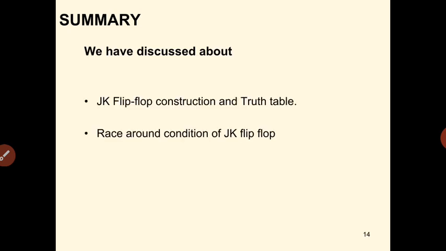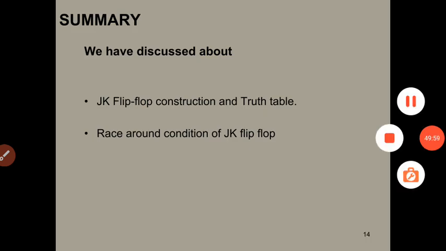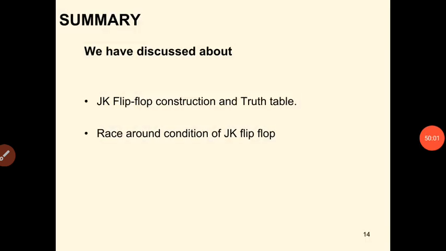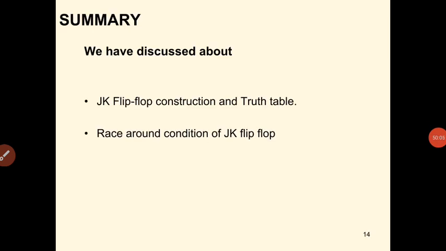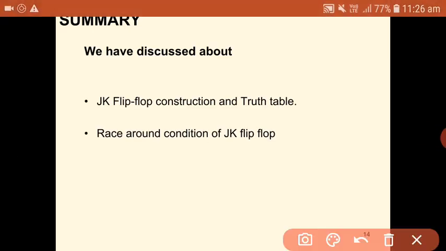Next, overall summary. We have discussed the JK flip flop, its circuit diagram with the help of SR flip flop, and also the block diagram of JK flip flop. We have seen the working of JK flip flop, formulated its truth table, and defined the race around condition. Race around condition occurs when TP is greater than delta t.